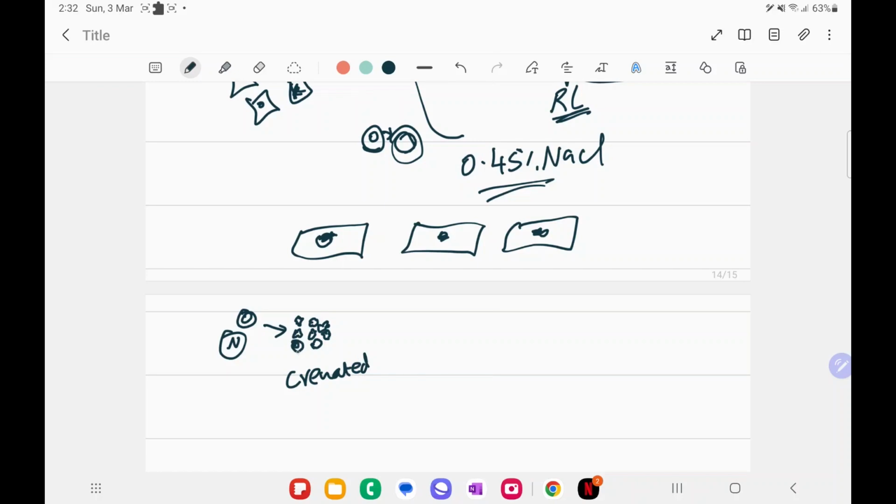They look almost the same, not too much like the crenated cell, but they're small. Then you have the isotonic solution. There the cells are normal in size. You get the biconcave shape, which is the standard RBC shape, biconcave discoid shape. It's fine, nothing over there.